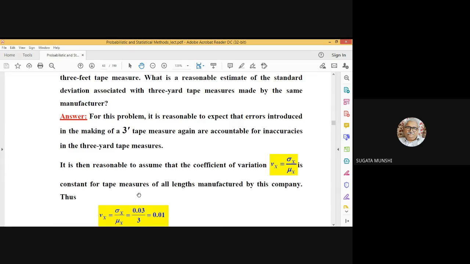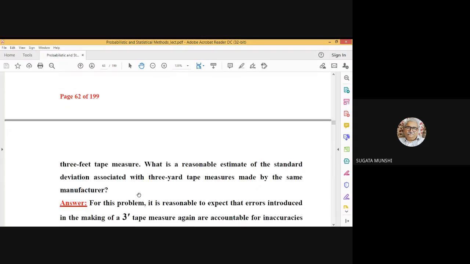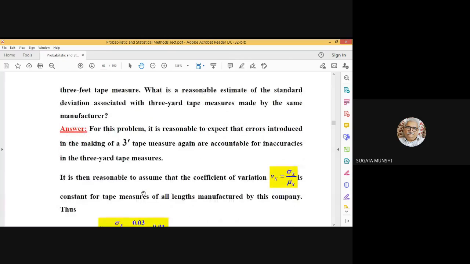The tape size may be 3 feet, or 3 yards, or 3 meters, whatever it may be. If they are manufactured by the same machine or same set of machines, then it's reasonable to assume that the coefficient of variation in all these cases will be the same.